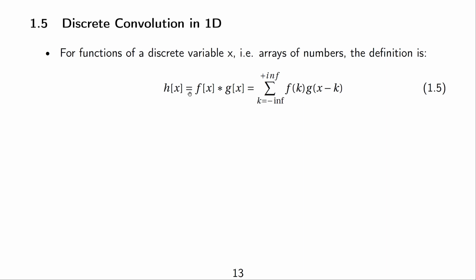So we have h of x equals f of x convolved with g of x, and then you sum up from minus infinity to plus infinity f of x times g of x minus k. So this is a straightforward discretization of the continuous equation we had before.